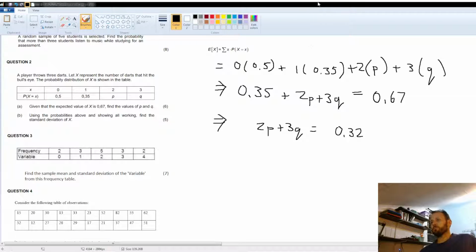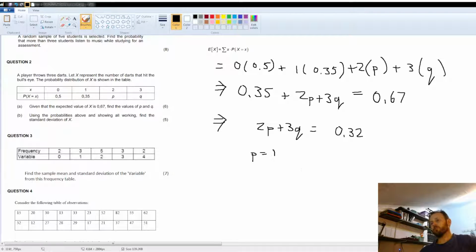The only problem here is you can't really solve for p and q without making a few further assumptions. Because as you can see, it tells you that the expected value of x is 0.67. They want you to find the values of p and q, and they don't really tell you much else about it. In other words, p and q can be anything. For example, let's make p equal to 1.